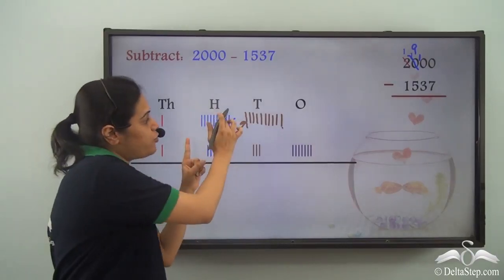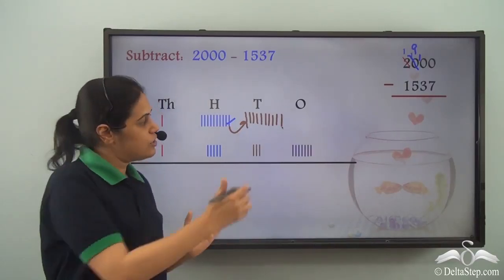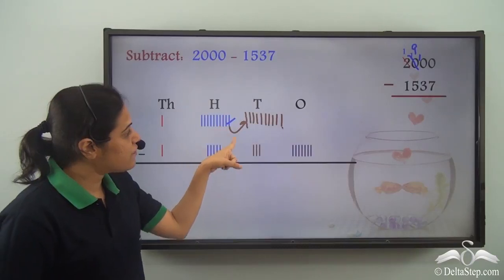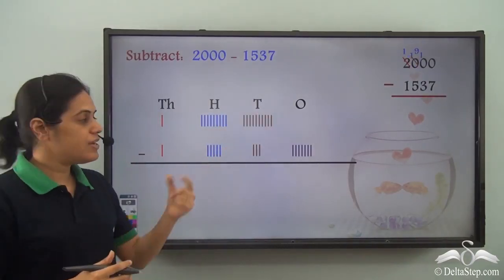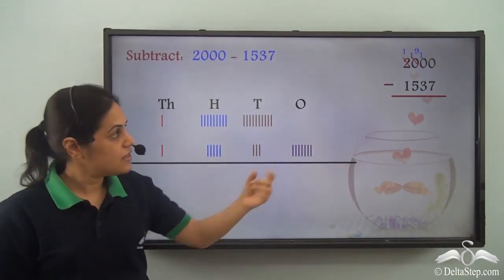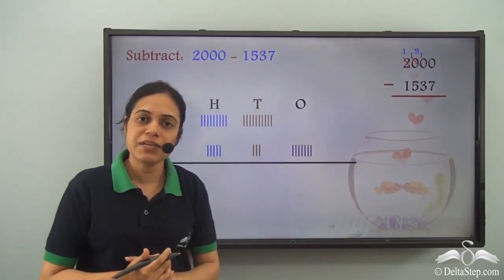Now when I bring this 1 here, it will again break down into 10 parts. So we have 10 tens and 9 hundreds now. So this is what we have here: 9 in the hundreds place, 10 in the tens place.